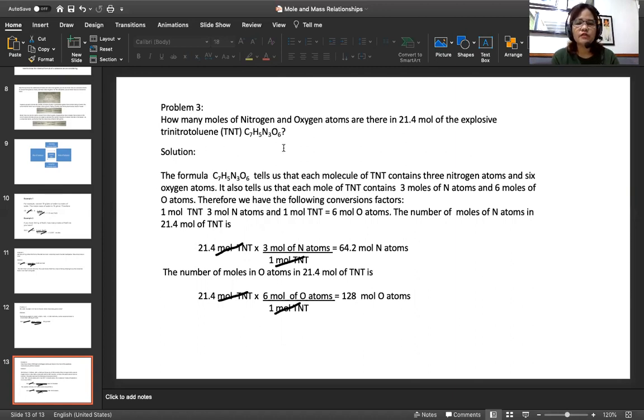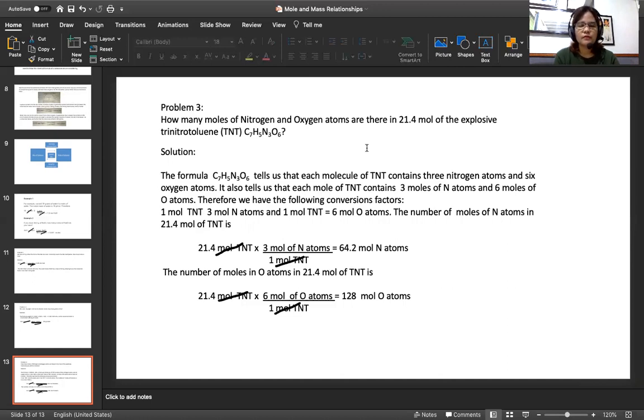How many moles of nitrogen and oxygen atoms are there in 21.4 moles of the explosive trinitrotoluene or TNT, C7H5N3O6? Earlier, you were only finding the moles of the substance in the compound. But here, you will find the moles of the ion itself in the substance.